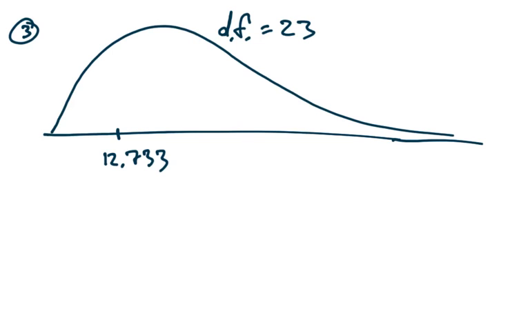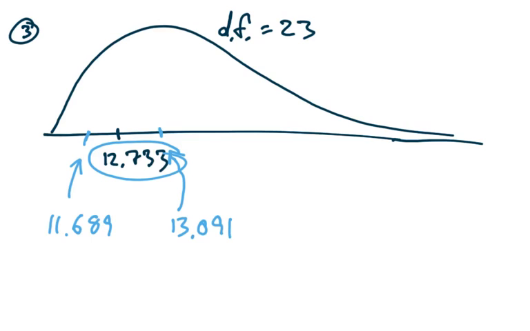Using table G for the chi-squared distribution, in row 23, we have this value here, 11.689. And then we have another value on this side, 13.091. And our chi-squared value is in between.